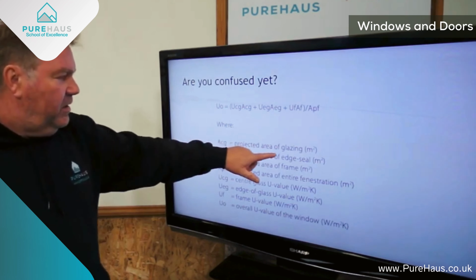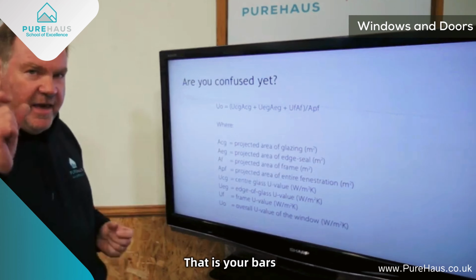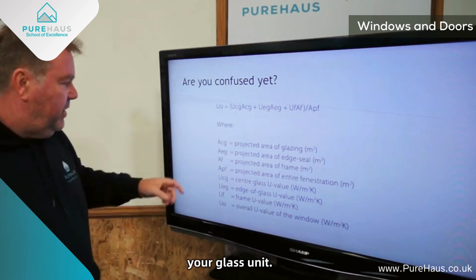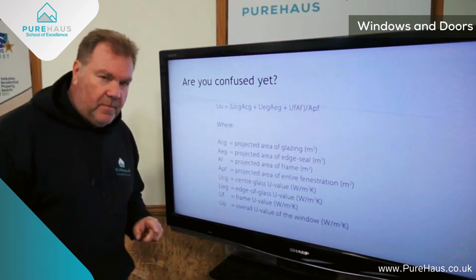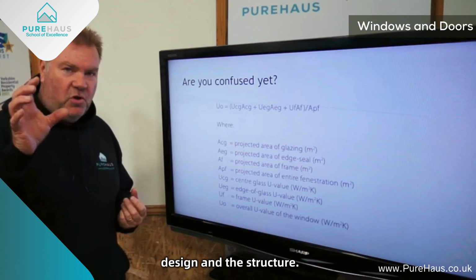So you've got the area of glazing, the projected edge of seal, that is your bars or the seals around your glass unit, the projected area of the entire fenestration, what that is the makeup or design and the structure.